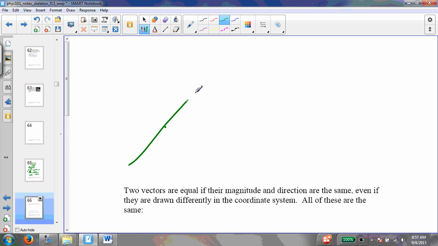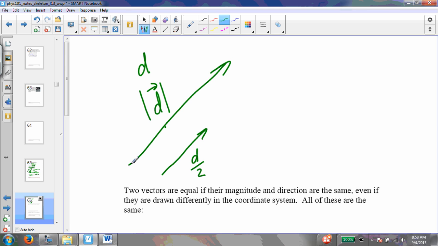So I have a big vector, and then I have a vector that has 1/2 the magnitude. So if I say that this has a magnitude d, and by the way, I'm going to write my magnitude in this way, that has a magnitude d. So the bars around it basically say, I want the magnitude of this vector. I might also sometimes write it just without the arrow, and then that will represent the magnitude. So if that has a magnitude d, then I would say that this has a magnitude d over 2. But they have the same direction.